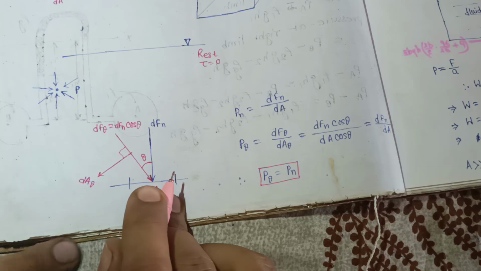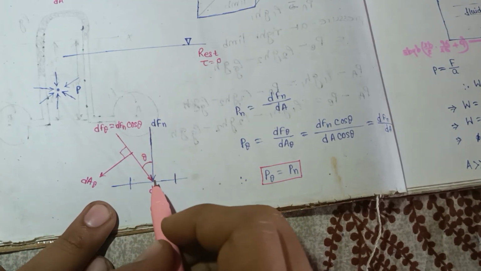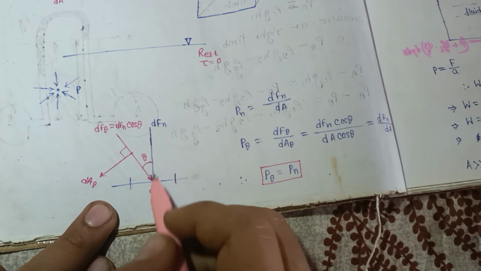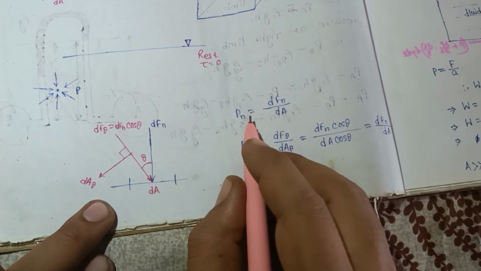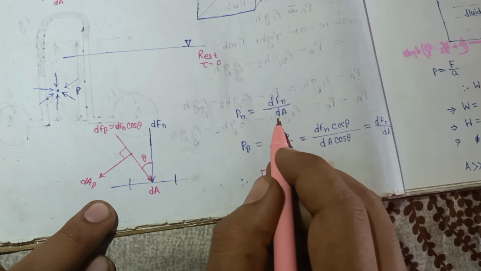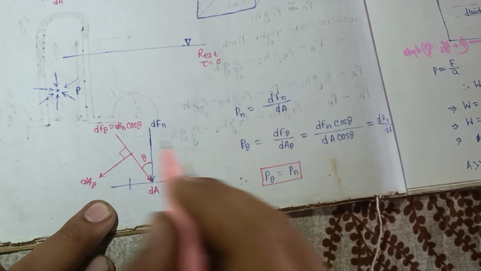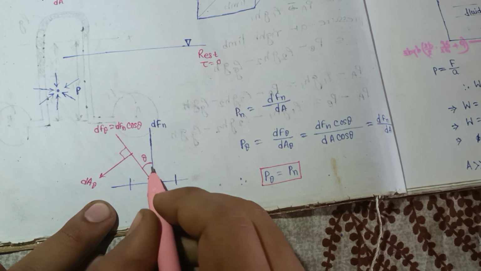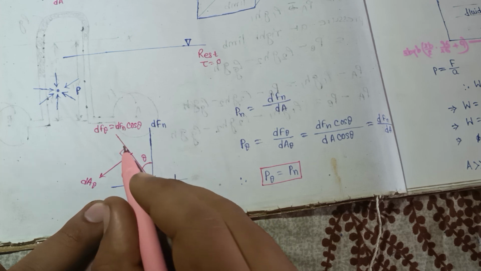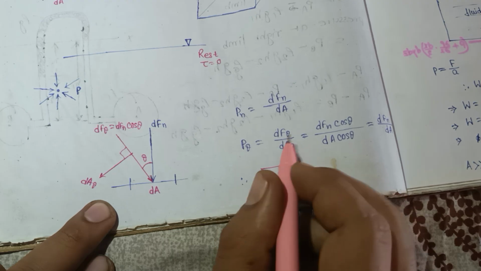Now this is the small elemental area dA, and the normal force is dFn. So we know that Pn, the normal pressure, equals dFn by dA, normal force by area. Now if you want to calculate the pressure at some angle, P theta equals dF theta by dA theta.